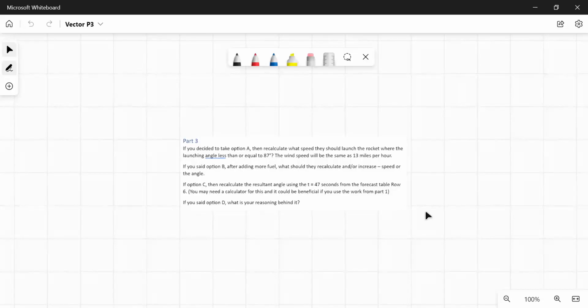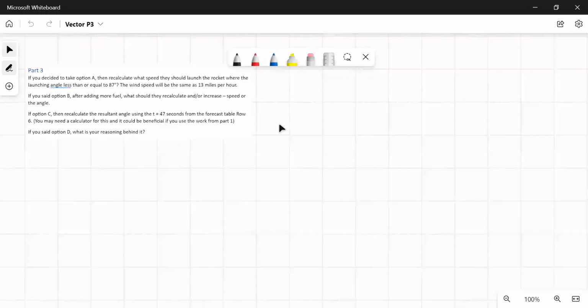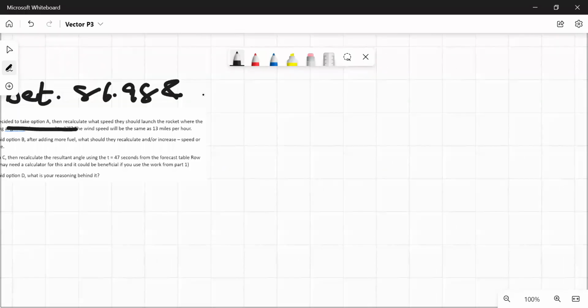All right, let's let the whiteboard load up. Okay, it's loaded. So the angle is between 86.98 and 87 degrees.